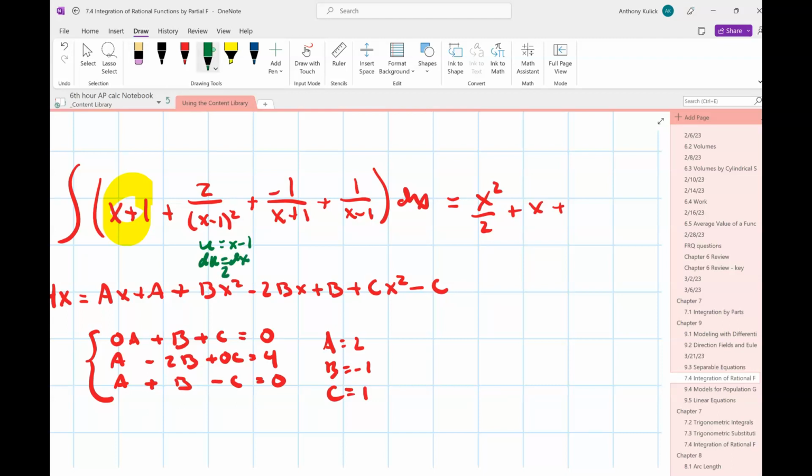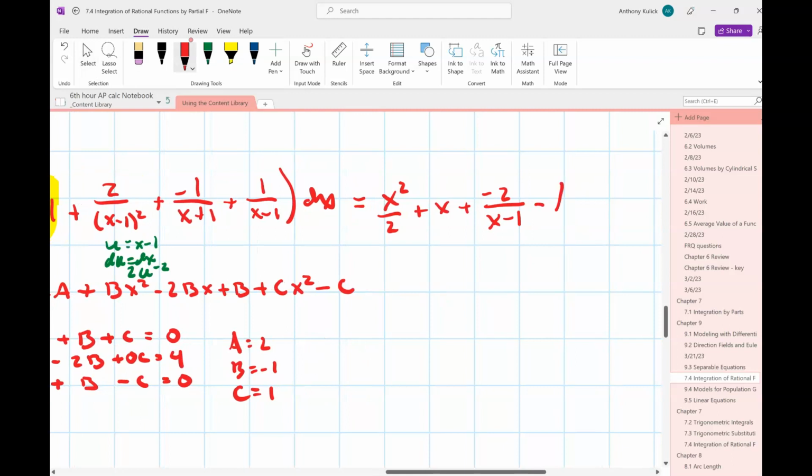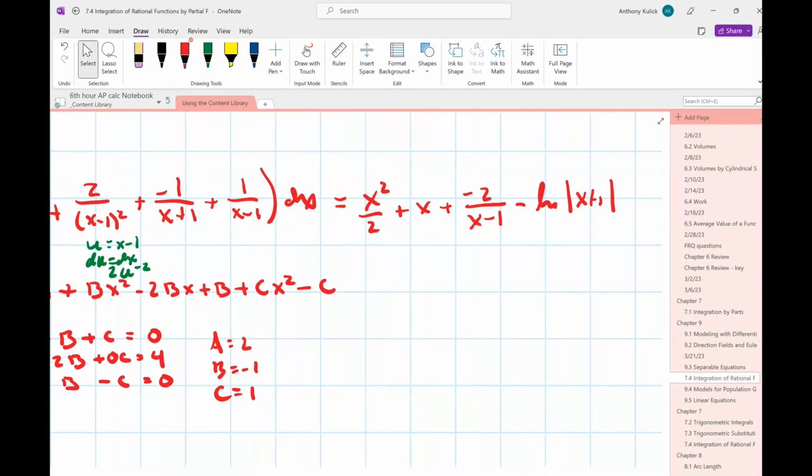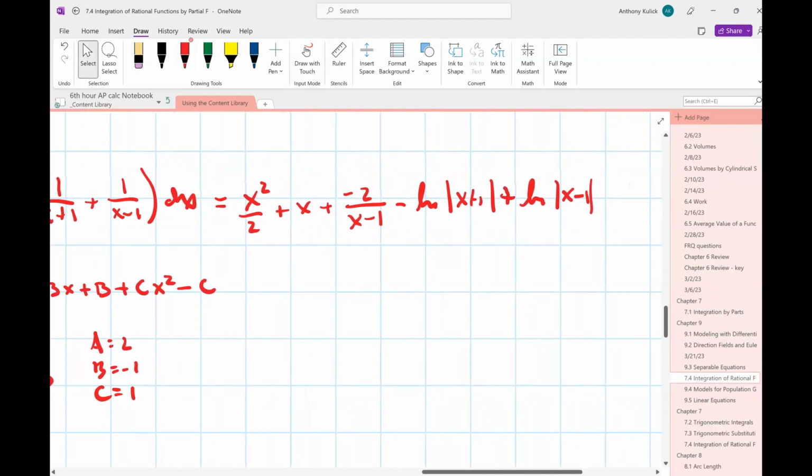So I have really 2u to the -2. So that's just going to be, when I do my antiderivative, -2/u. And then this guy, natural log x plus 1, and the other one, natural log x minus 1. And then my plus C.